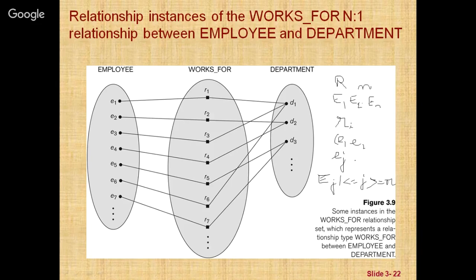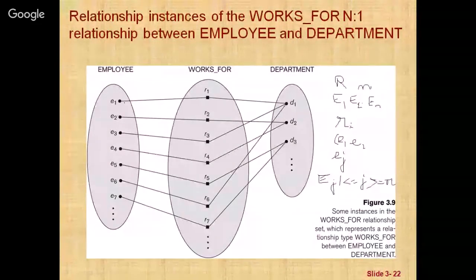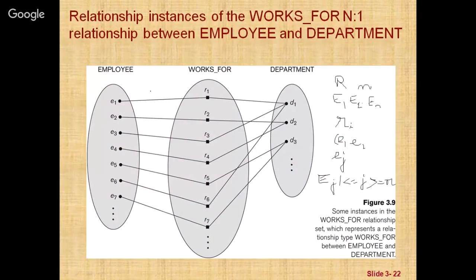Consider the relationship type works for between the two entity types, employee and department, which associates each employee with the department for which the employee works.